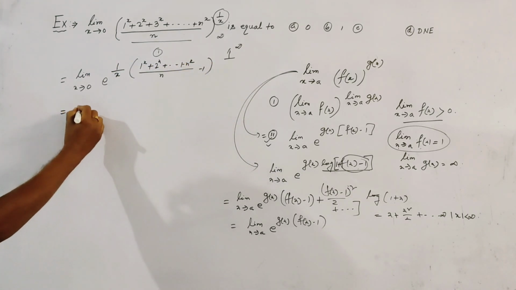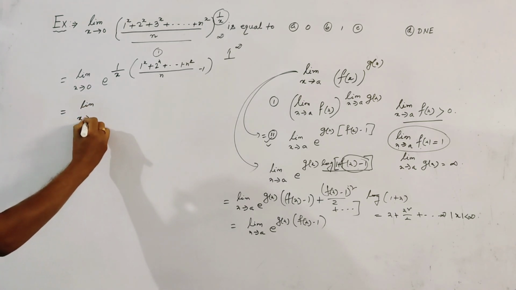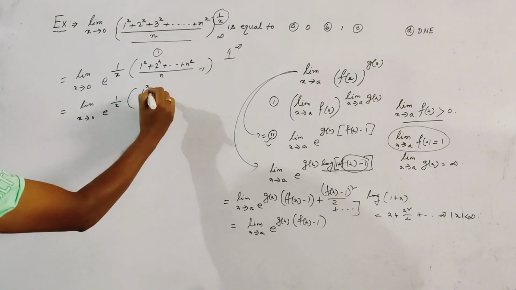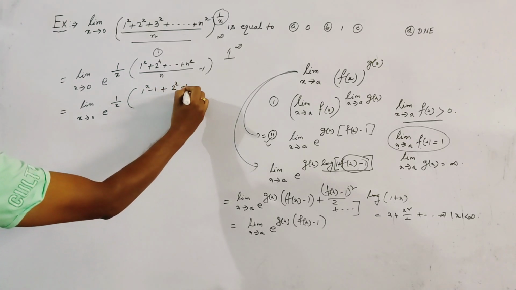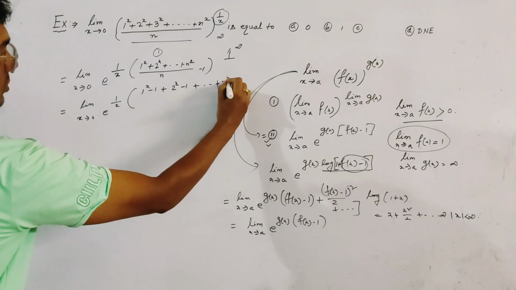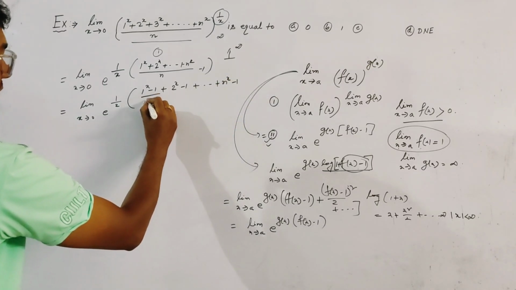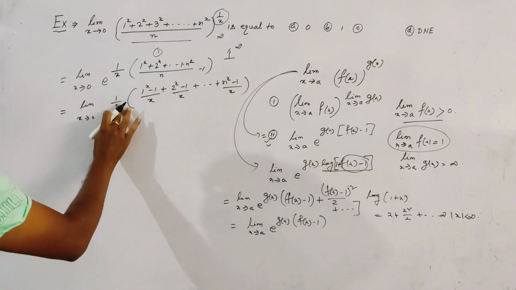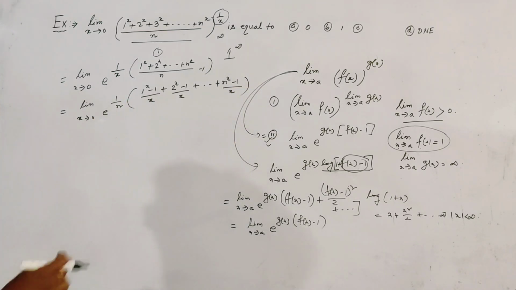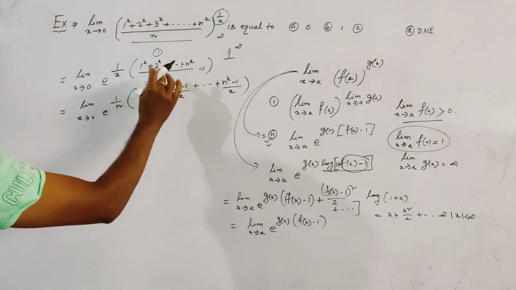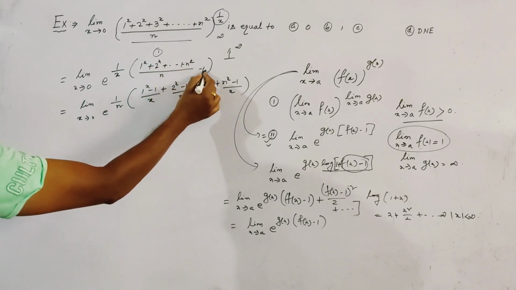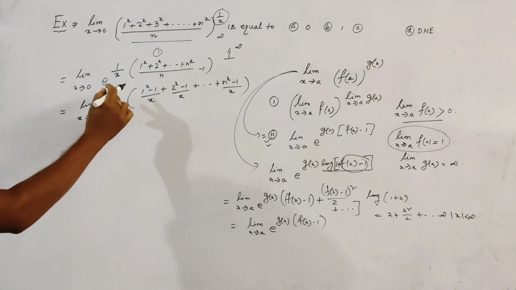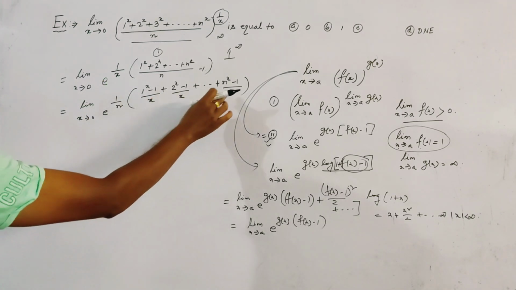This is given by limit x tends to 0 of e to the power 1 by x into ((1 to the power x minus 1) plus (2 to the power x minus 1) plus (n to the power x minus 1)) by n. Here we write x in each denominator, because if we take the LCM, we write n outside of the bracket.